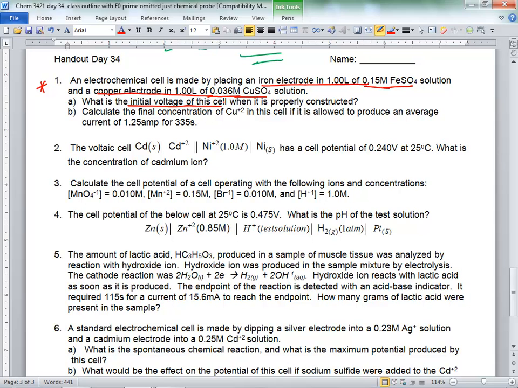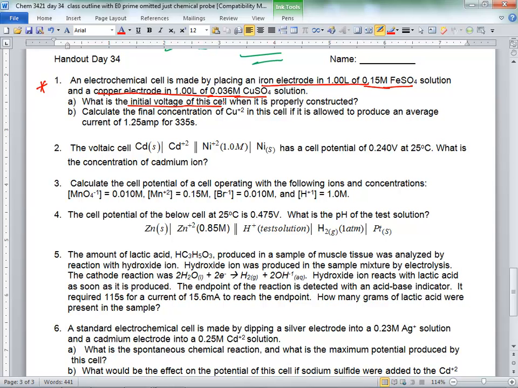Are you at standard conditions? Eustacio, are you at standard conditions? No. So whose equation are you going to have to use? Nernst equation. So we have to write a Nernst equation.